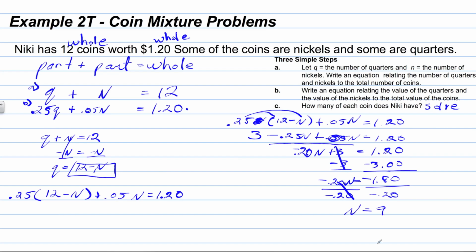The number of nickels is equal to 9. To find the number of quarters, it's going to be 12 minus 9, which is equal to 3. So the number of nickels is 9, and the number of quarters is 3.